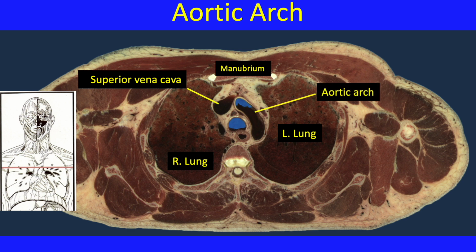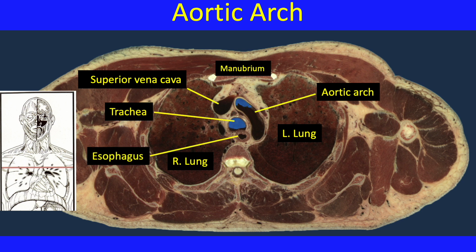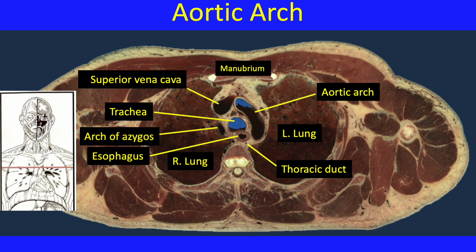This plane is followed by the trachea and by the esophageal plane. If you look closely, you can also make out the thoracic duct, now on the left side of the cadaver. And finally, on the right side, we can discern the arch of the azygos.